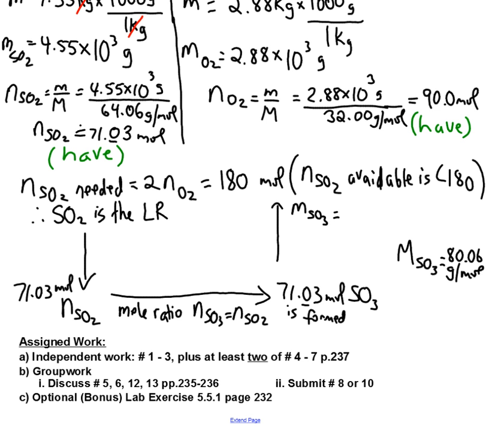That's how heavy 1 mole of sulfur trioxide is, which means that if we have 71.03 moles, we would have 71.03 times 80.06, and our final answer in grams is going to be 5,686.6. I'm going to round that to 3 significant digits, which means I can keep it in thousands, but I have to round to 5,690. So the actual answer would round up in the tens place.